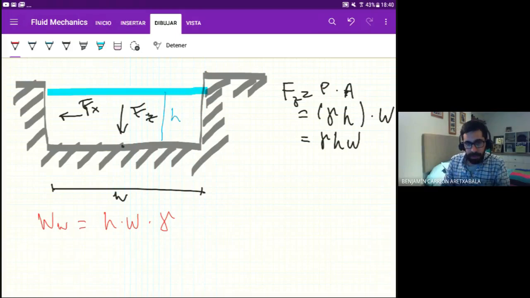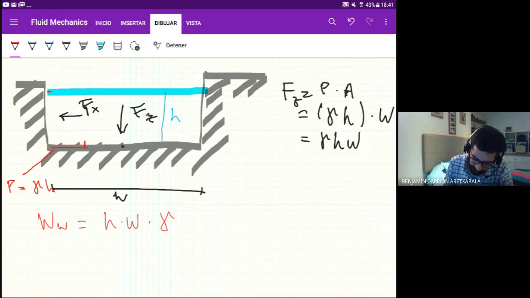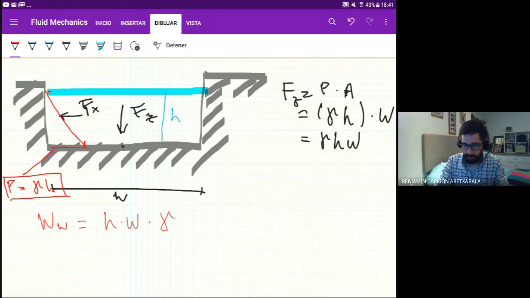So first we need to recognize how pressure varies with depth. Here pressure is 0, and here pressure, we already said, is gamma H, right? And it varies linearly.